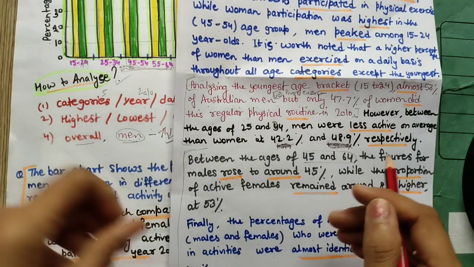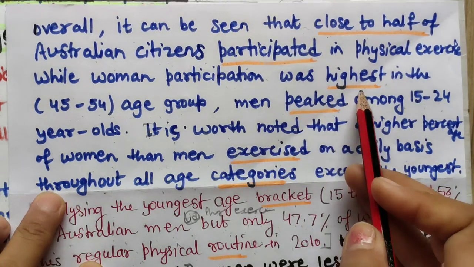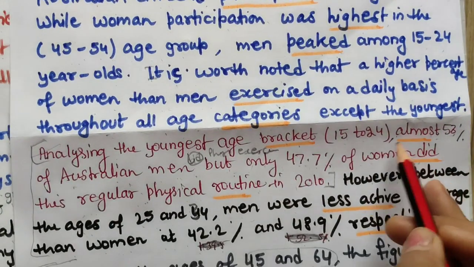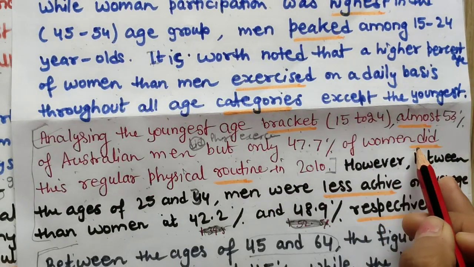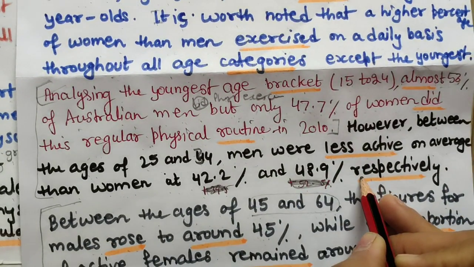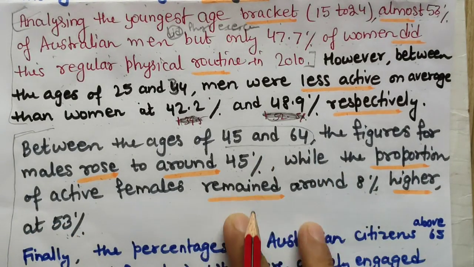So many things I have written over here. Close to, half, participated, highest, peaked, exercised, categories, bracket, almost, routine, did, less active, respectively, rose, around. So these I have already shown you. These are vocabulary words.